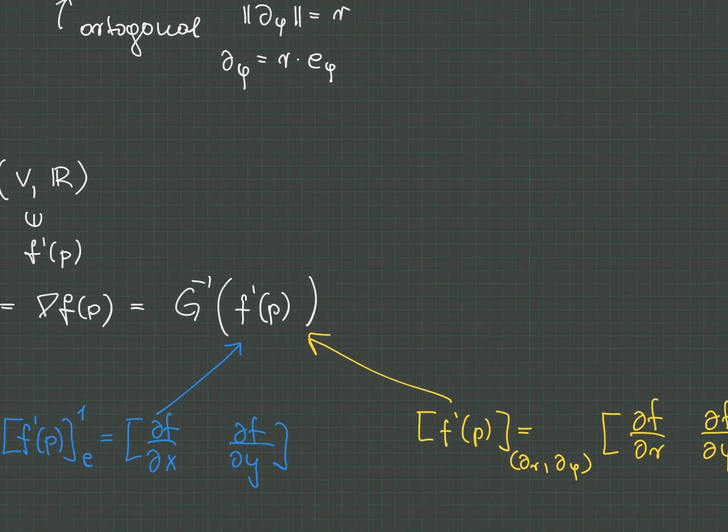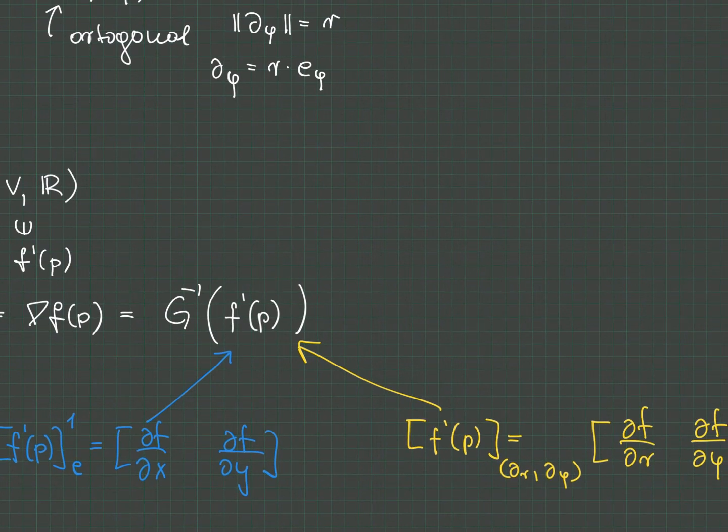Now we need a matrix of this map G inverse written in those two bases. So now this is a pure algebraic problem, how to write a matrix of such a map. We have to recall all the knowledge we have about symmetric bilinear forms and the matrices of symmetric bilinear forms, because this matrix is precisely the inverted matrix of the scalar product.